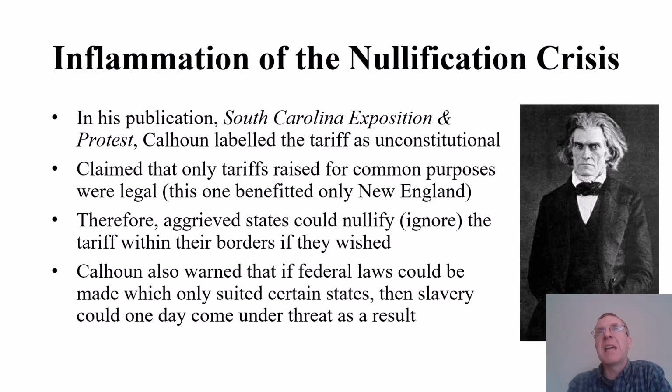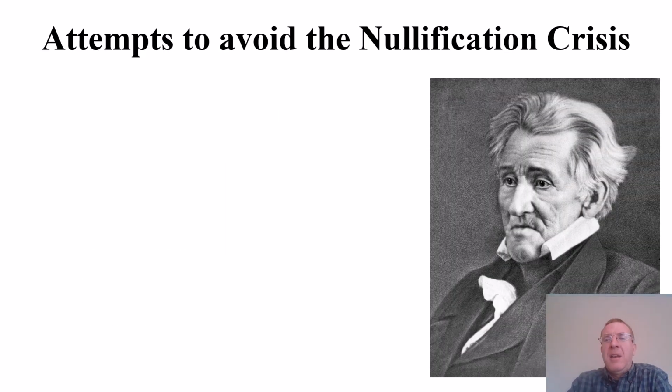Calhoun also gave out a warning that if federal law is going to be more prominent than state level law, then one day the federal government could go so far as to abolish the institution of slavery. And so John C. Calhoun will end up resigning from the vice presidency of the United States.